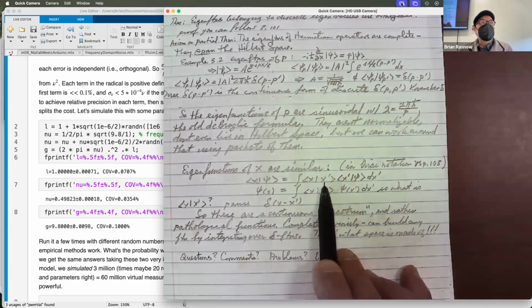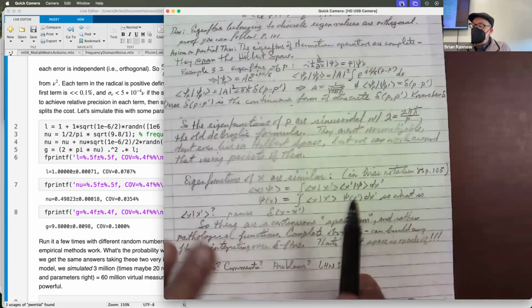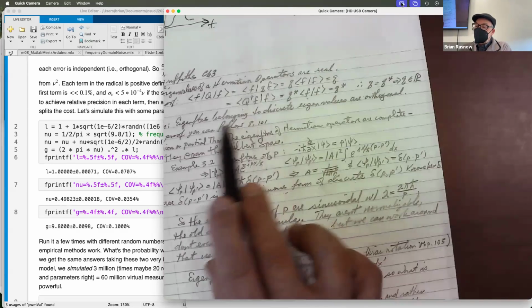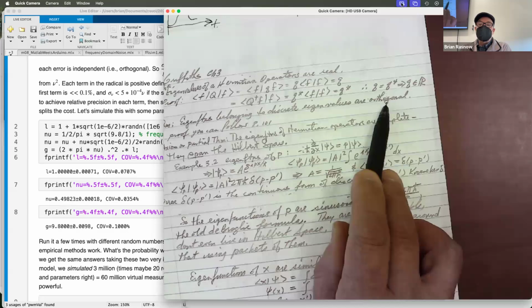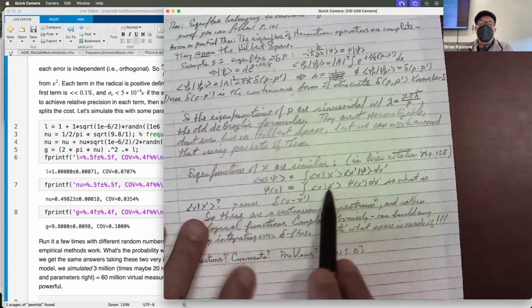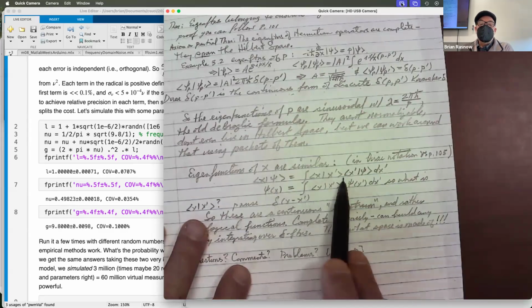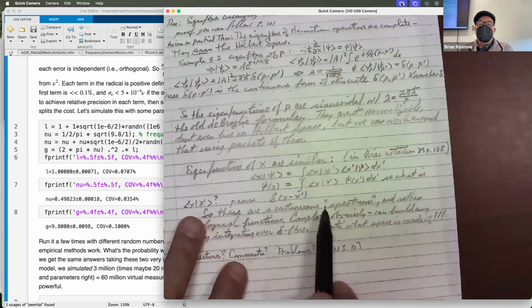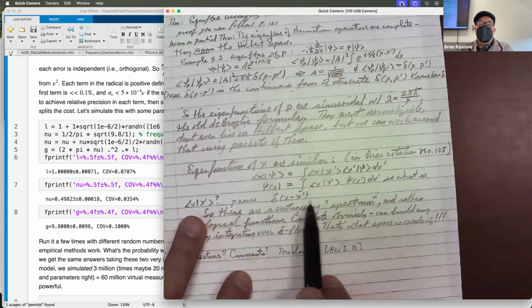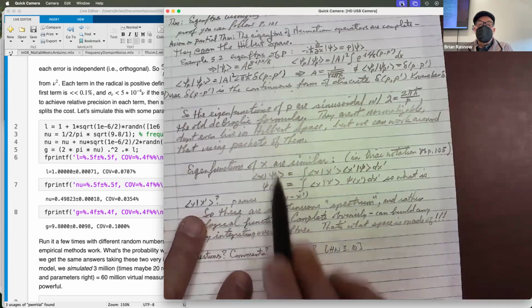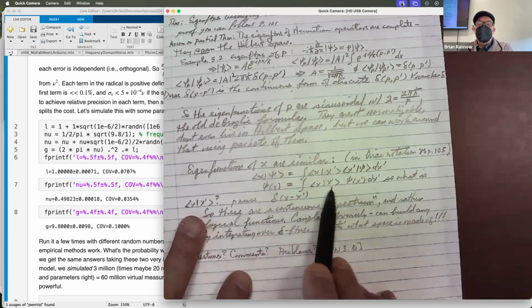It's a delta function, because eigenfunctions of different eigenvalues are orthogonal, right? And so this guy is going to be the delta function, and this guy we call psi of x.